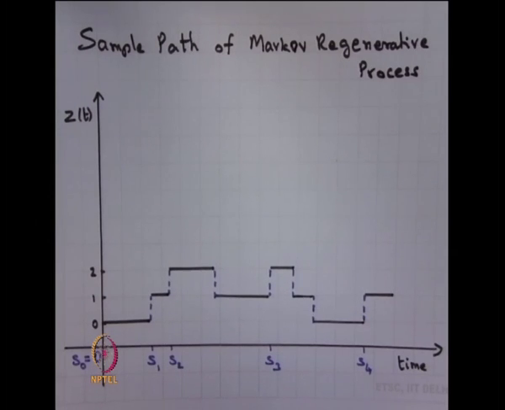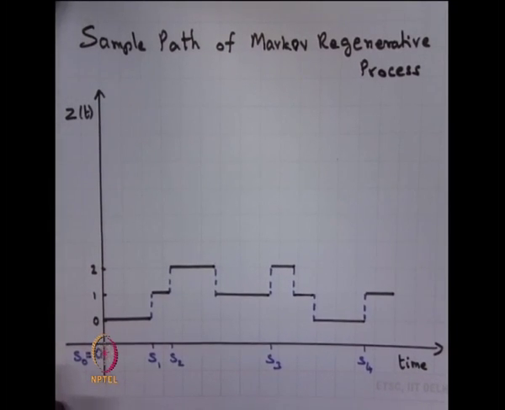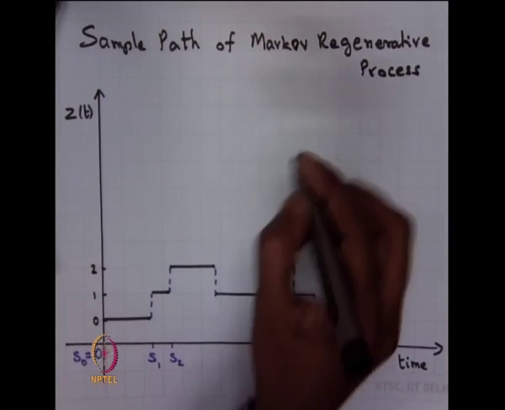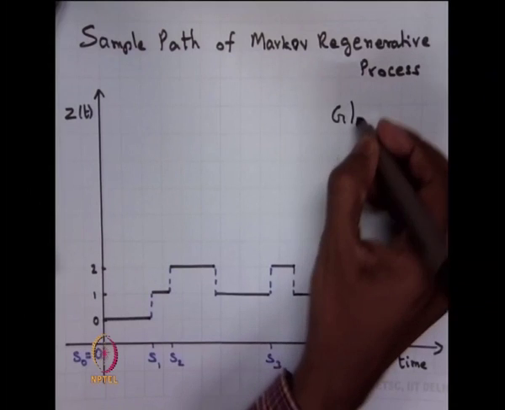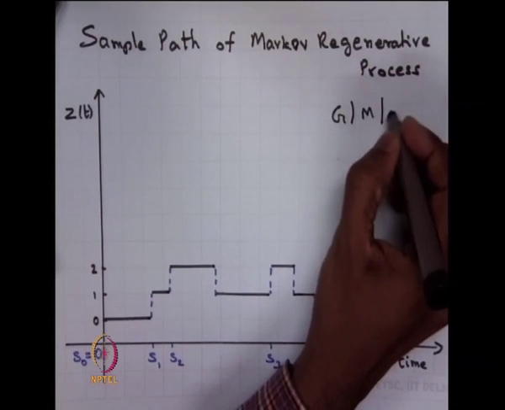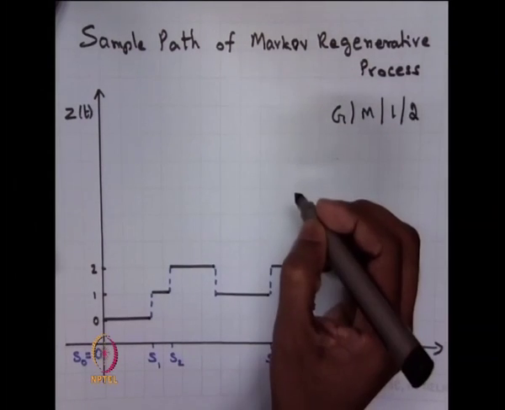Consider this sample path of a Markov regenerative process. In this stochastic process, omega is 0, 1 and 2. Consider the simple example of a G/M/1/2 queuing model.